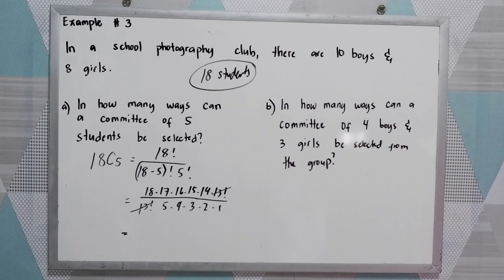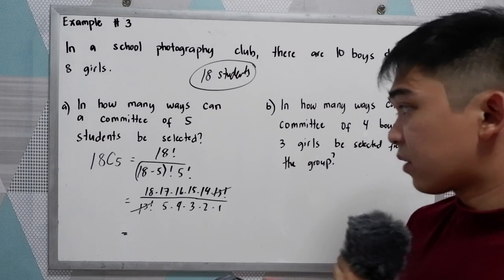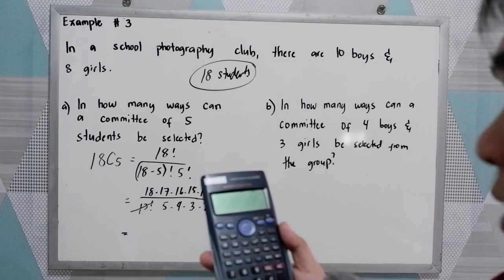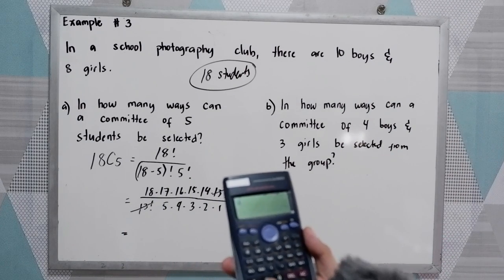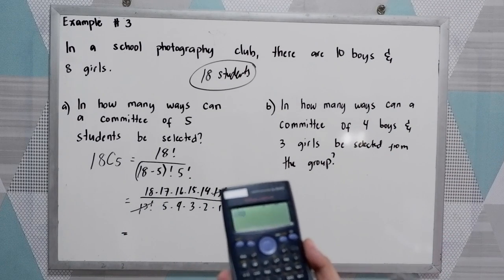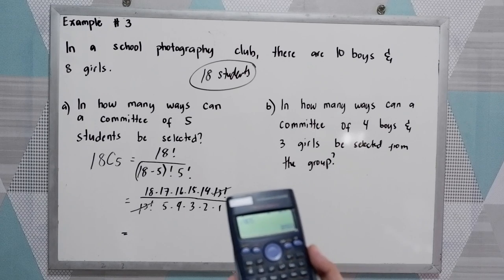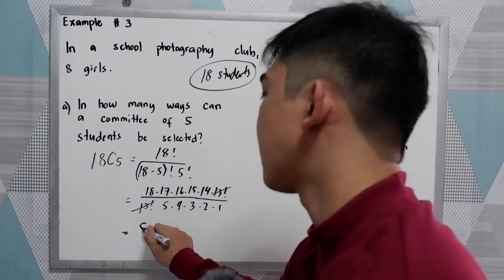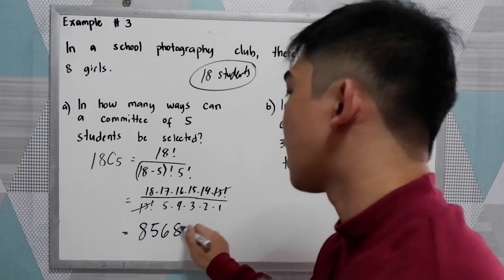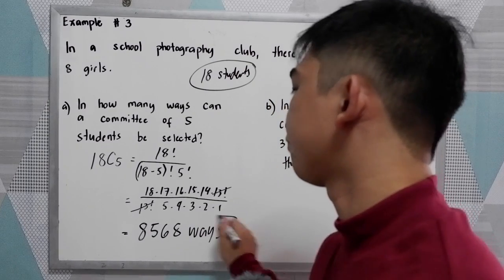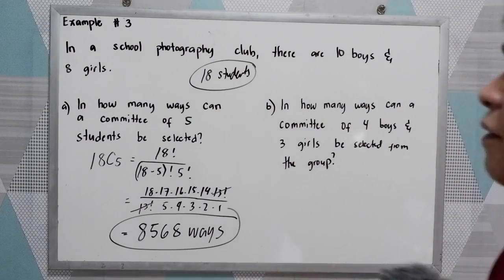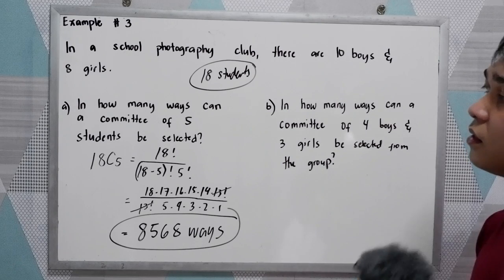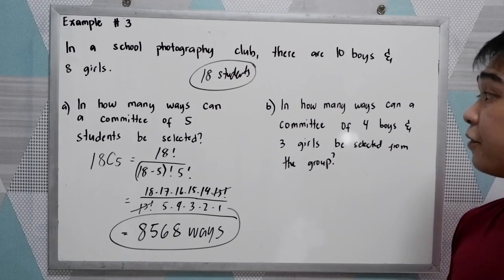And since we have our calculator, we can just simply press 18 shift C5. 18C5 is 8,568. 8,568 ways to select 5 students in a committee of 5.